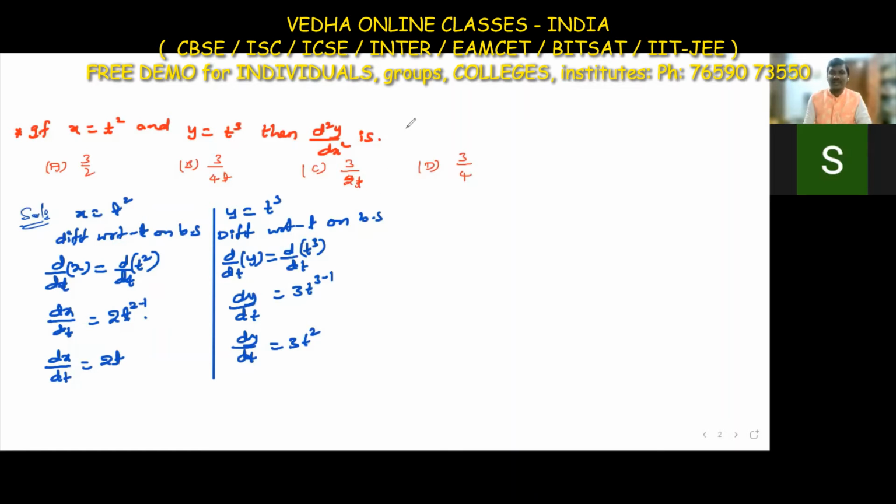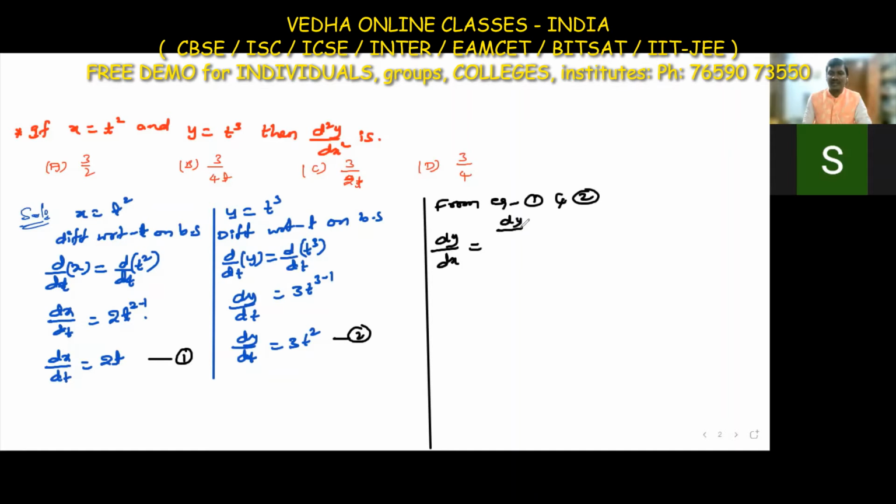Now what we actually want is dy by dx and then d square y by dx square. From equations 1 and 2, dy by dx we can write as dy by dt whole divided by dx by dt.